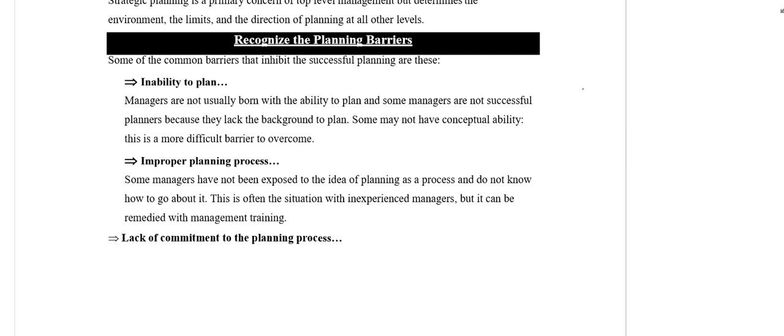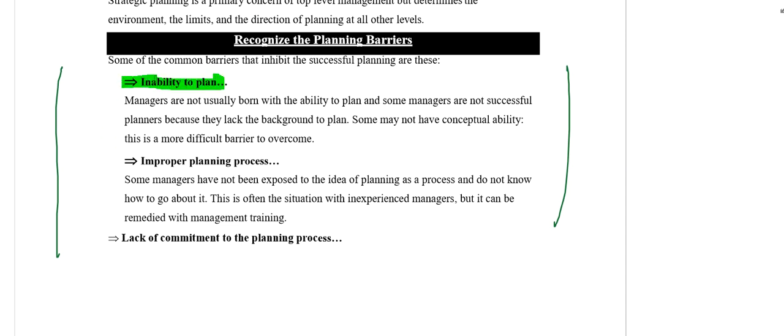So we have to see what are the reasons which restrict organization to get success, or what are the barriers in the planning. Sometimes we try to plan, but our planning is not adequate. So first of all, we will see the barriers.